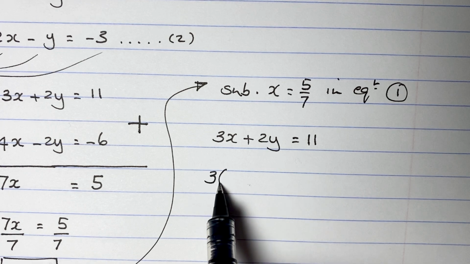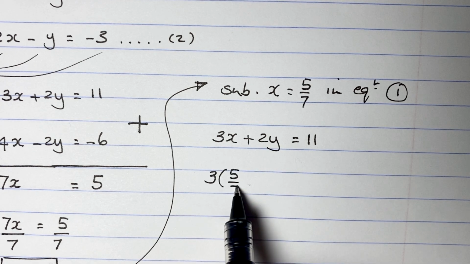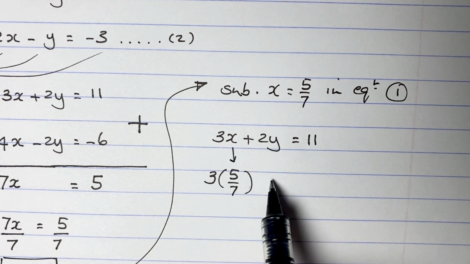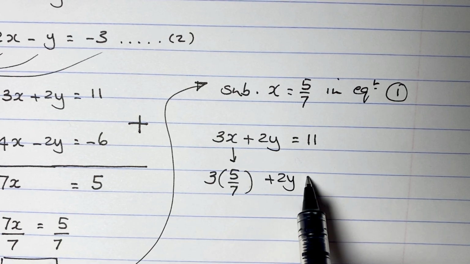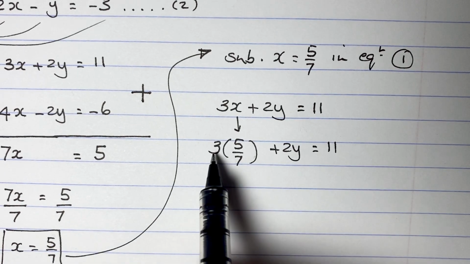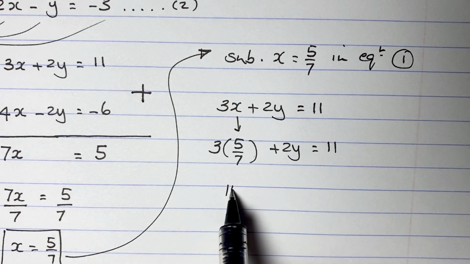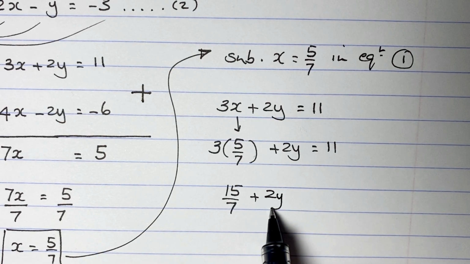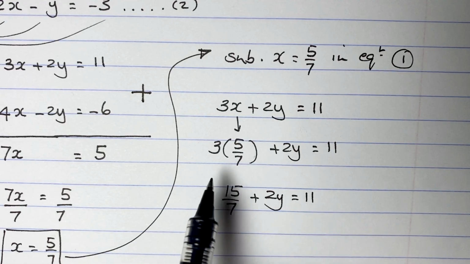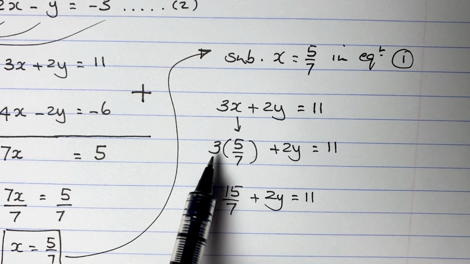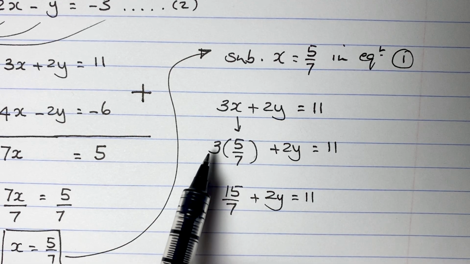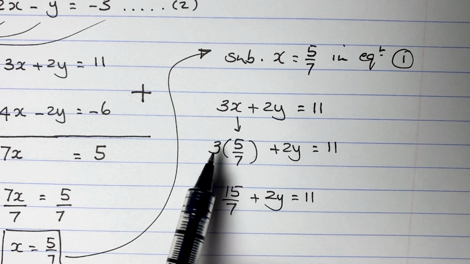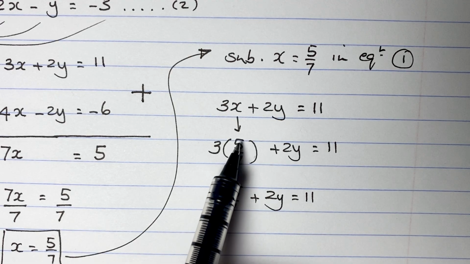So we have 3 lots of 5/7 plus 2y equals 11. That is, of course, 15/7. Emphasize again, when you multiply a number by a fraction, that number multiplies the top, not both top and bottom.